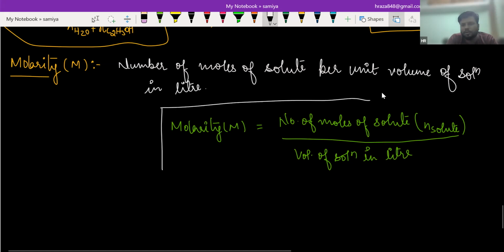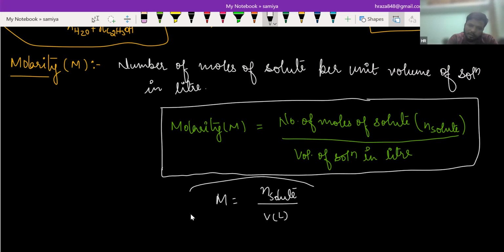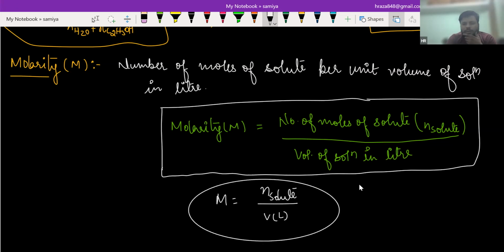Also, the unit: in the numerator it is moles and in the denominator it is liter, so the unit is moles per liter.